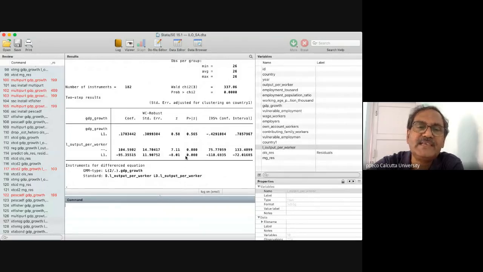According to this method, your estimated value for phi1, that is phi1 hat, is 0.1783, which is statistically insignificant.